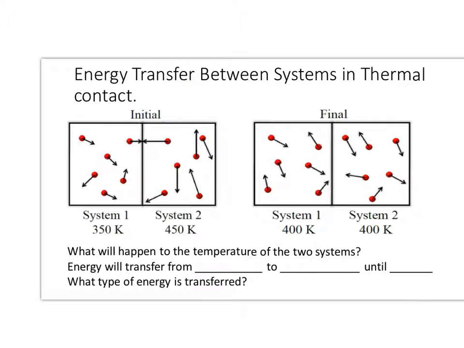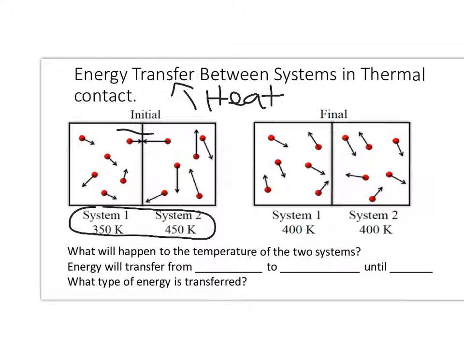Okay, so we need to talk about energy transfer. In this case, we can talk about heat. Because heat is energy that can move, right? So here we have two systems, okay? And if you notice, they're in thermal contact, right? So that means that energy can move both this way and that way through the central barrier that has the two systems in contact.